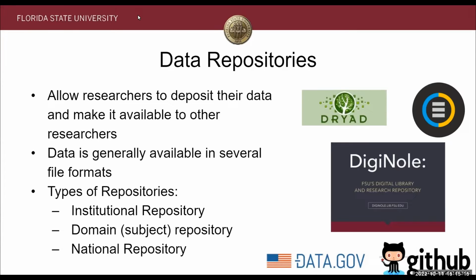Many of these repositories are designed to enhance data sharing and promote access to this research data and scientific knowledge. And they're really good places to look if you're wanting to find a good amount of data in a specific field or a specific research topic that you might be interested in.